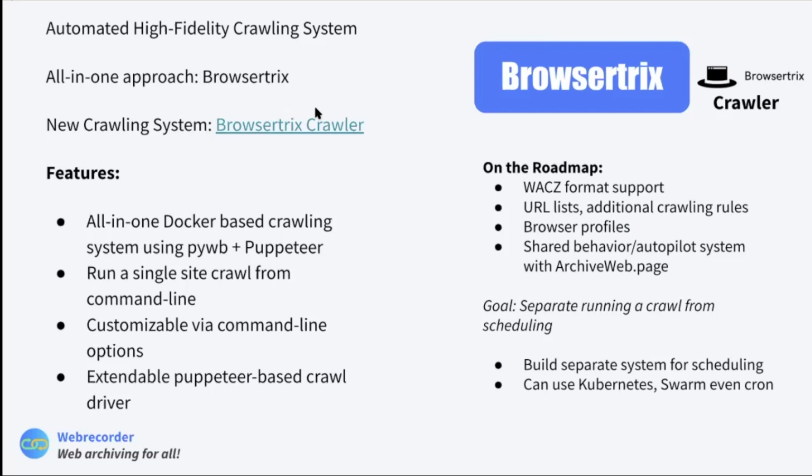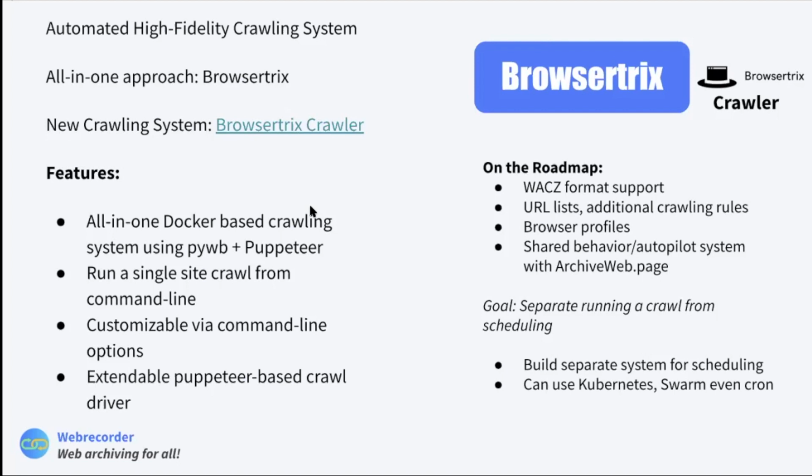And so the idea is to simplify Browsertrix a bit so that you could essentially start a Docker container on a command line, and it will run a single crawl. You start a command, and when it's done, at the end of that, you'll have some work files and a WACZ file.